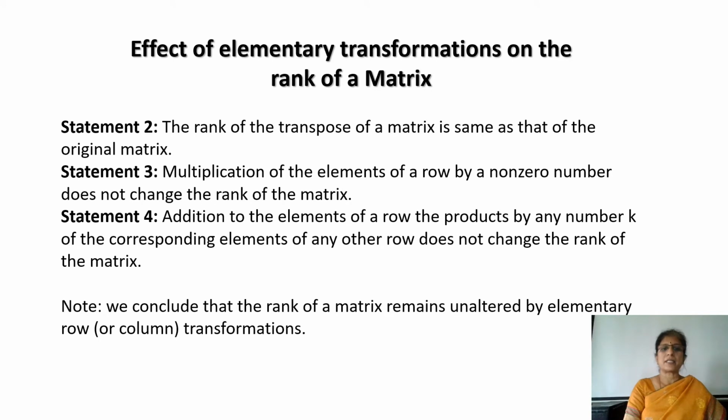The other statements of the effect of elementary transformations are: the rank of the transpose of a matrix is the same as that of the original matrix; multiplication of the elements of any row by a non-zero number does not change the rank of the matrix; and addition to the elements of a row the product by any number k of the corresponding elements of any other row does not change the rank of the matrix.